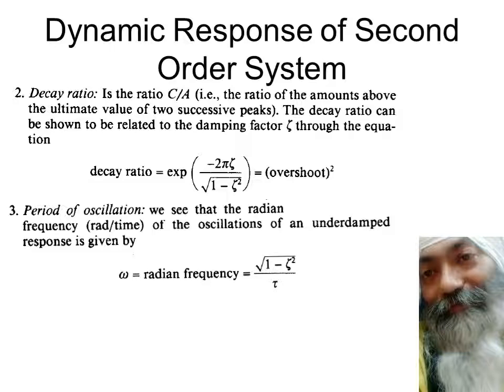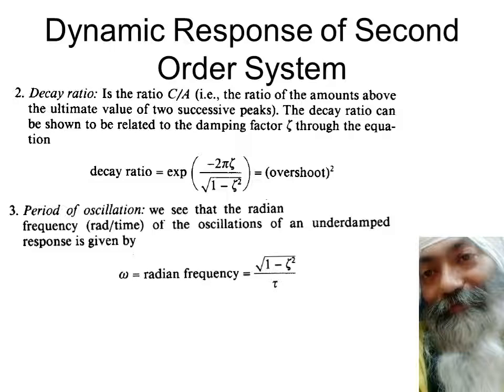And then we have the period of oscillation. We see that we have omega in the sine term, which was given by square root of 1 minus zeta square divided by tau. And do not confuse, this tau is something different.